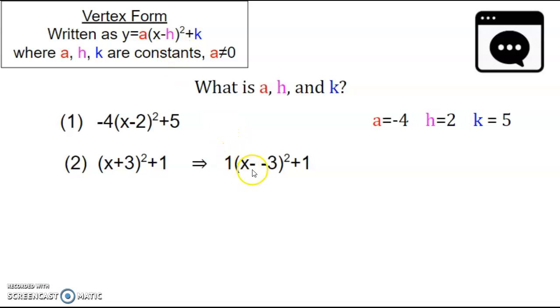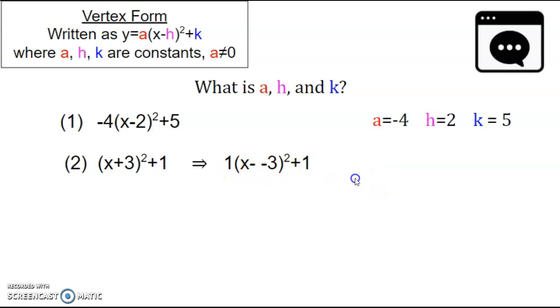So we want to convert this into a negative sign, and the only way we can do that, we can change the positive 3 to a negative is if I subtract a negative 3, because negative becomes positive. So it becomes 1 times (x minus negative 3) squared plus 1.